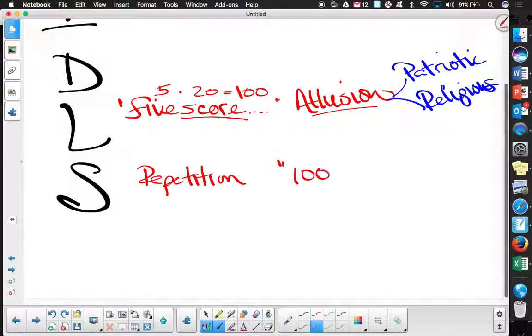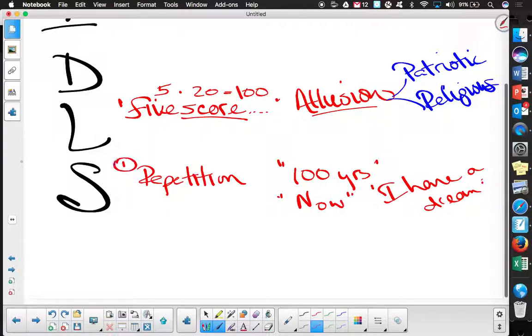So "100 years," "now," "I have a dream." You could call it repetition. What else could you call it? Besides syntax. Parallelism. Could call it parallelism, parallel structure.